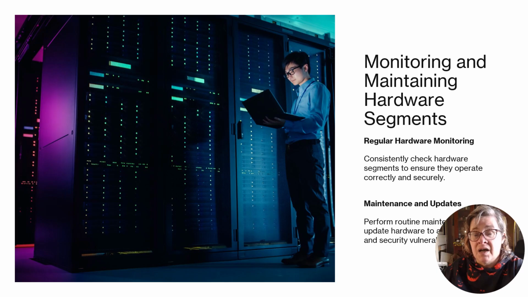Regularly monitor hardware segments for operational status and security, performing maintenance and updates to prevent vulnerabilities and failure. Okay, and look, again, you want to have both hardware and software controls in here. All right, so even in your general office building, people should go to reception to be directed, or be met by one of your workers there.